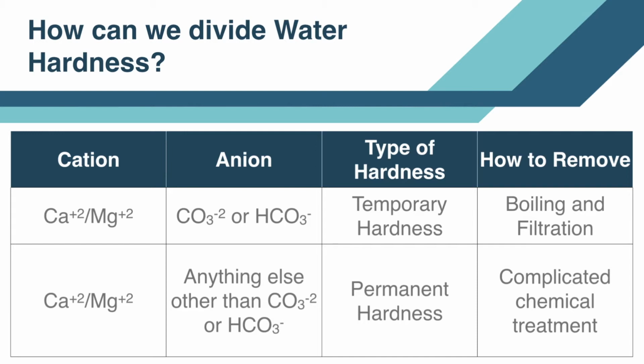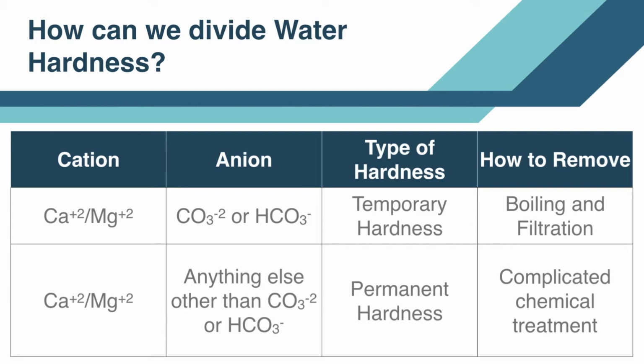For identifying temporary and permanent hardness, first you see which are the cationic part and which are the anionic part in a salt. We know in a salt there are two parts, one is the cationic part and another is the anionic part. Either temporary or permanent hardness, both will contain calcium and magnesium as the cationic part.